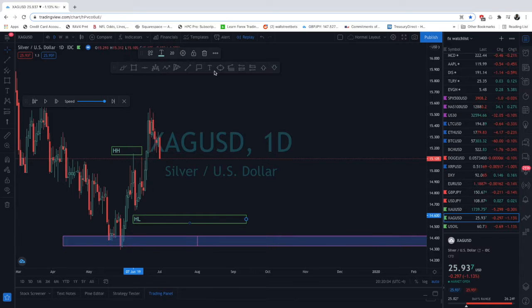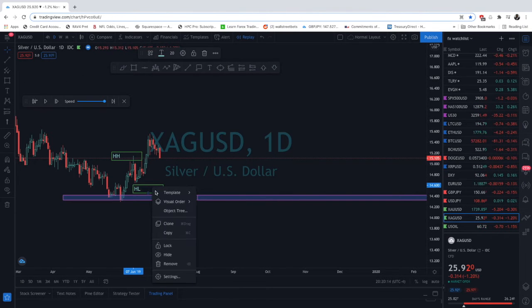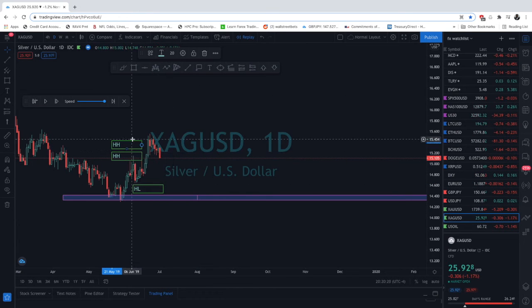So it looks like it's about to create the higher low. Consolidate. It could look better, so you can see it better, guys. Clone. So let's clone the higher high, save some time. Put it right there.